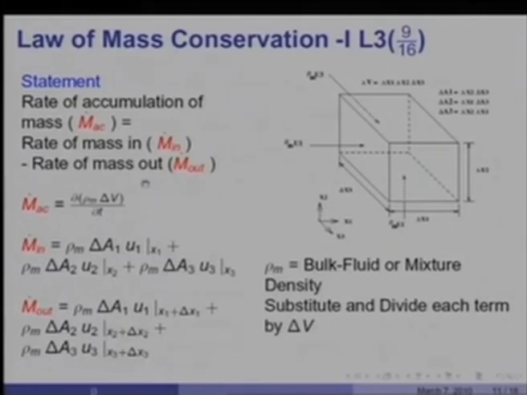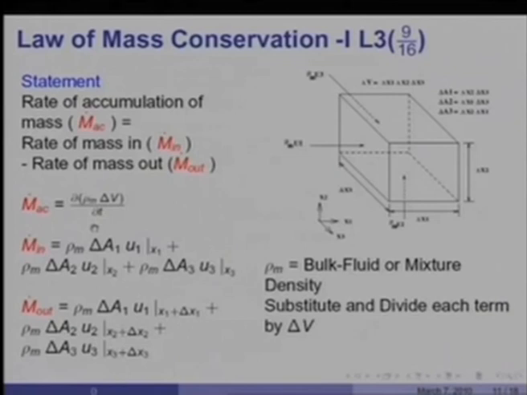So, how do we represent mathematically the rate of accumulation of mass, m dot AC? Remember, the mass of the element would be simply rho m multiplied by its volume. Rho m is the bulk fluid or mixture density multiplied by the volume, which is delta x1, delta x2, delta x3.